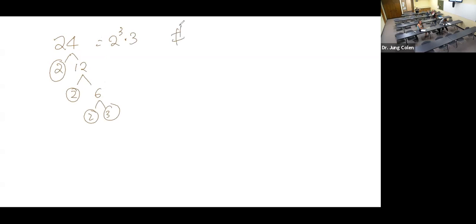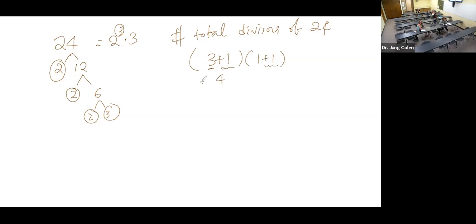The total number of divisors of 24 can be found by using this. 3 plus 1, I got this number from here, and 3 is 3 to the 1st power, 1 plus 1. You are just adding 1 more to the power. This is 4 times 2. There are 8 divisors.